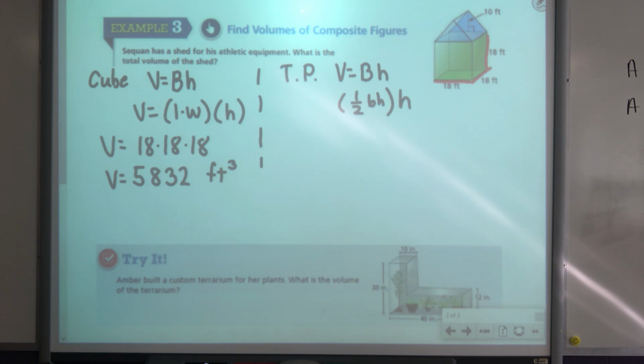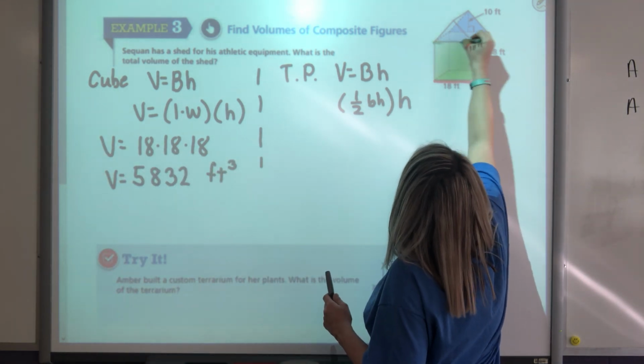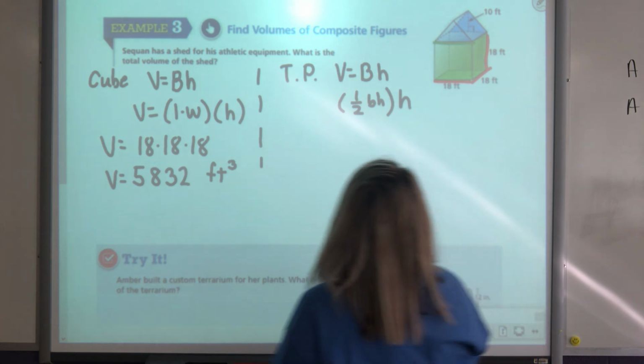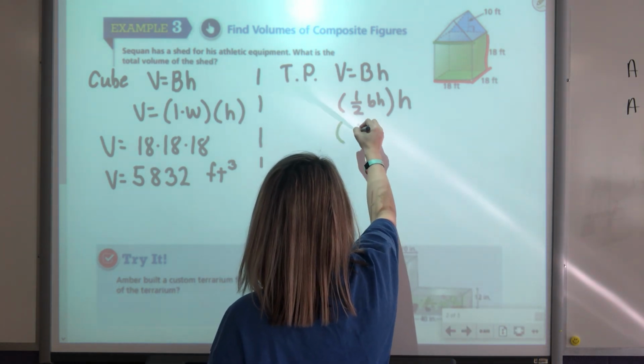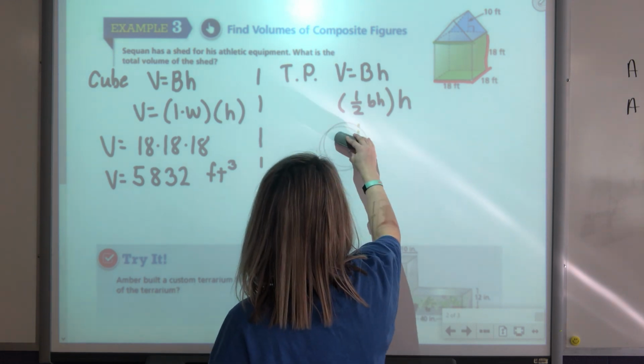Again, the height of a triangle is different from the height of the three-dimensional figure. So here's the base of our triangle. What's the measurement of the base of our triangle?